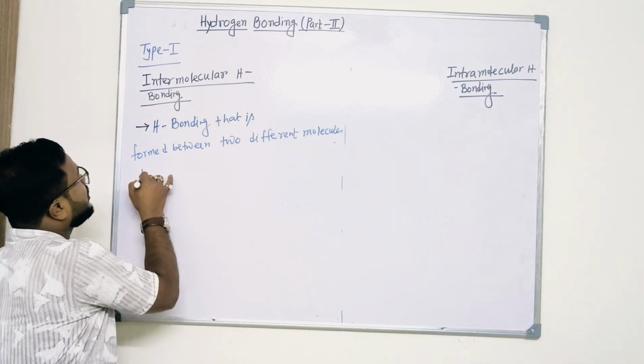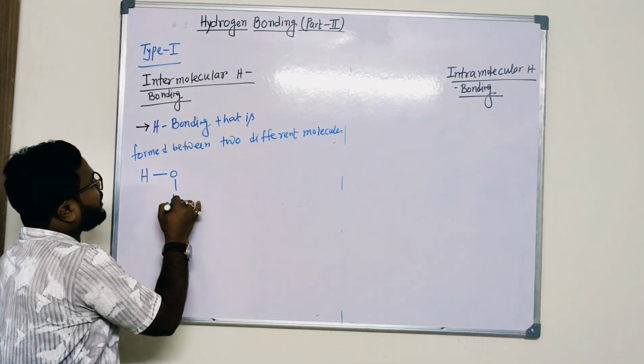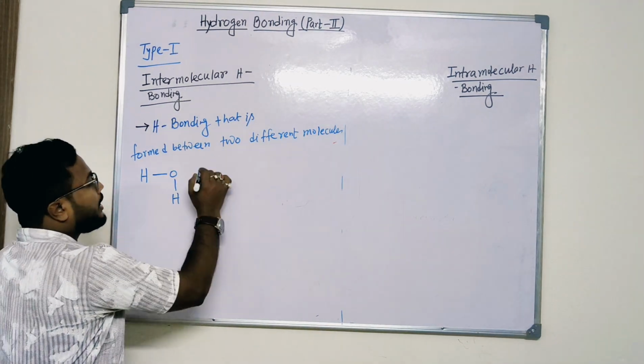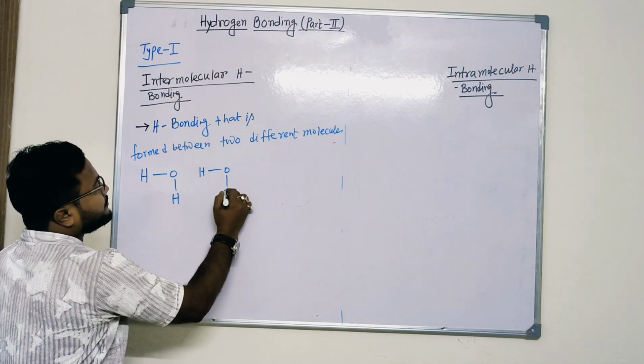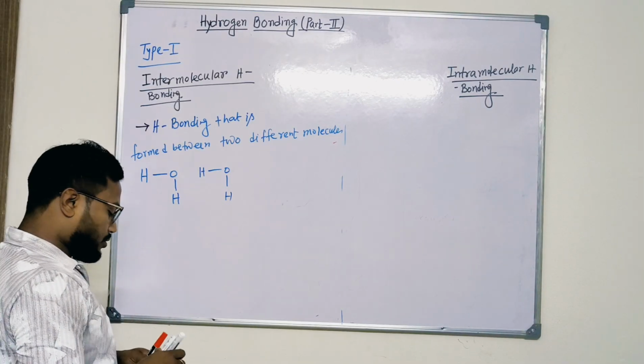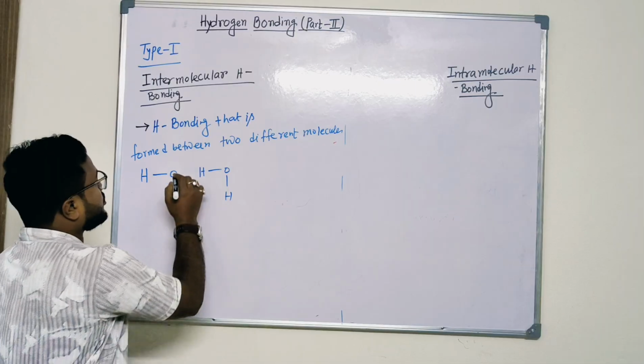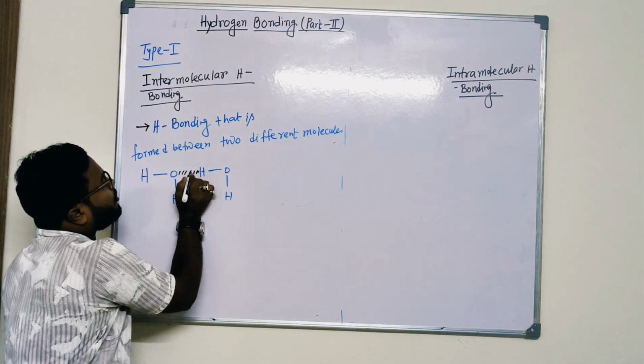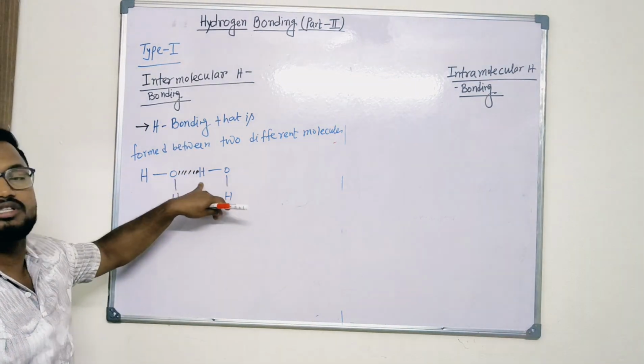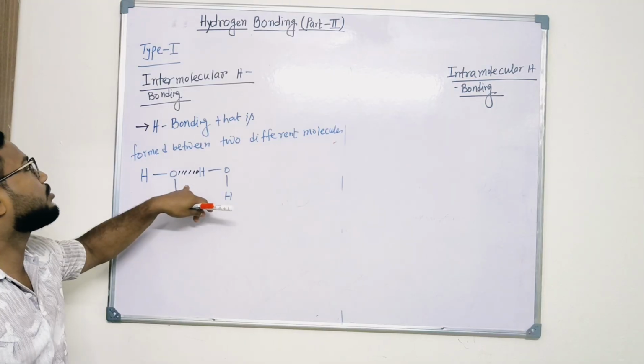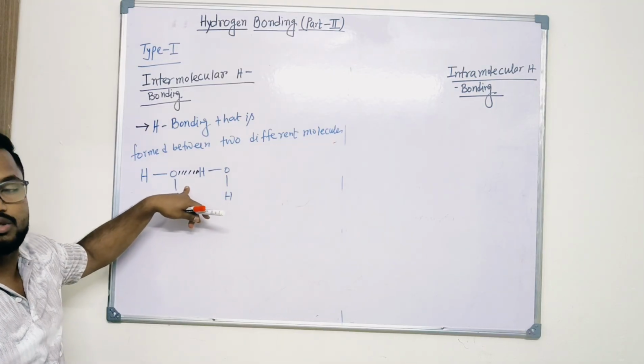For example, in the case of water molecules, you can take one water molecule and another water molecule. Whenever two water molecules are present, hydrogen bonding is observed between them. This type of hydrogen bonding is intermolecular hydrogen bonding.